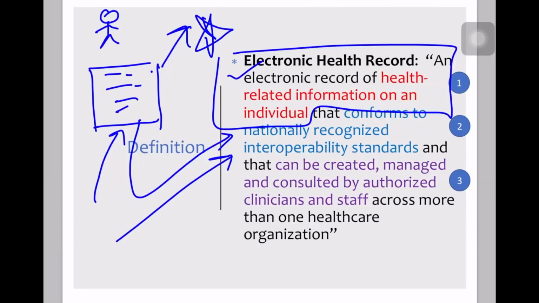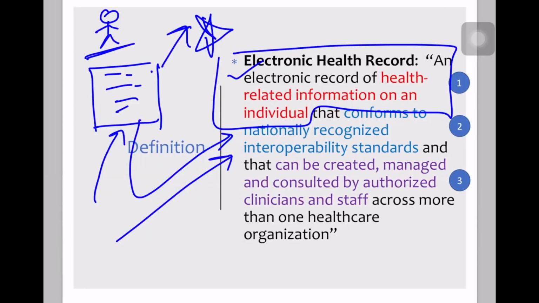So the idea is that the information of a person which is shared electronically should be shared in a structured, standardized way that would be understandable and interoperable, at least nationally, but ideally internationally.